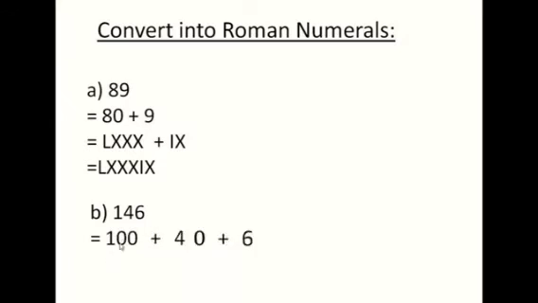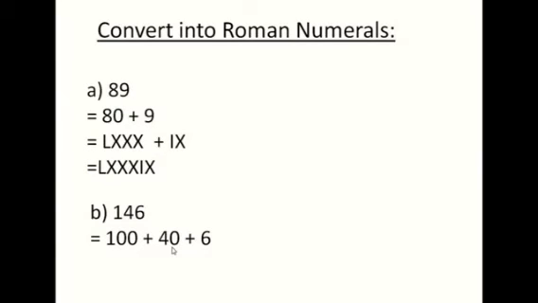Yes, it is 100 plus 40 plus 6. Now express 100 into Roman, express 40 into Roman, express 6 into Roman. For 100 we get the basic symbol C. For 40, how much is it?